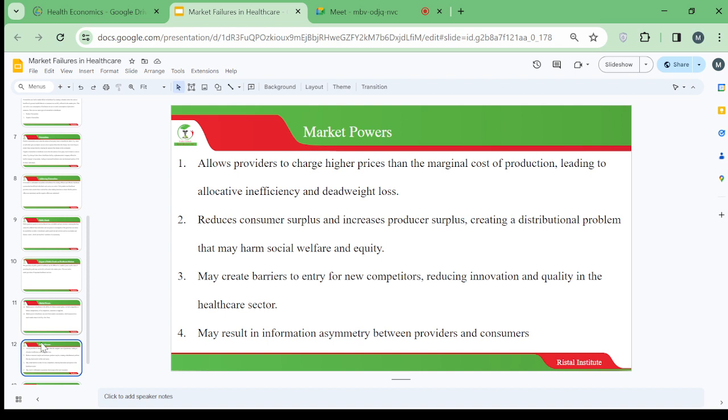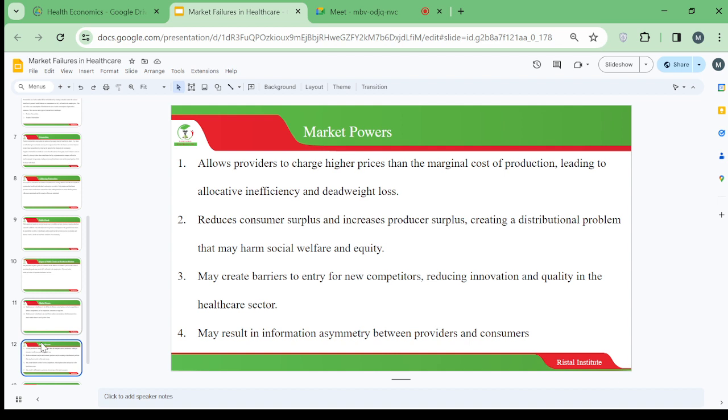Okay, so market power allows providers to charge higher prices than the marginal cost of production, leading to allocative inefficiency and deadweight loss. We shall look at those curves in our subsequent lectures, what deadweight loss means and what allocative inefficiency means.